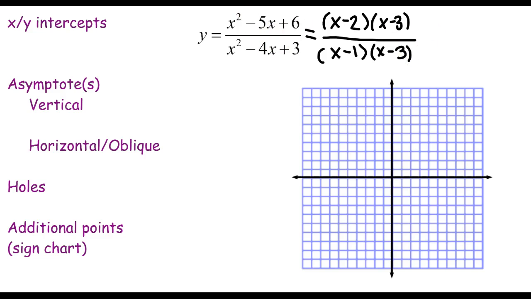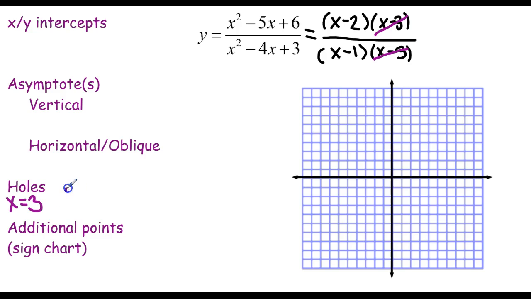So now right off the bat, I notice that I have an x minus 3 in the numerator and in the denominator. So those are going to divide out. And again, when they divide out, that's when I have a hole. So I know that the x coordinate is at 3. X equals 3 is going to be where that hole is, but we need to find the y coordinate for it so we can plot that point.